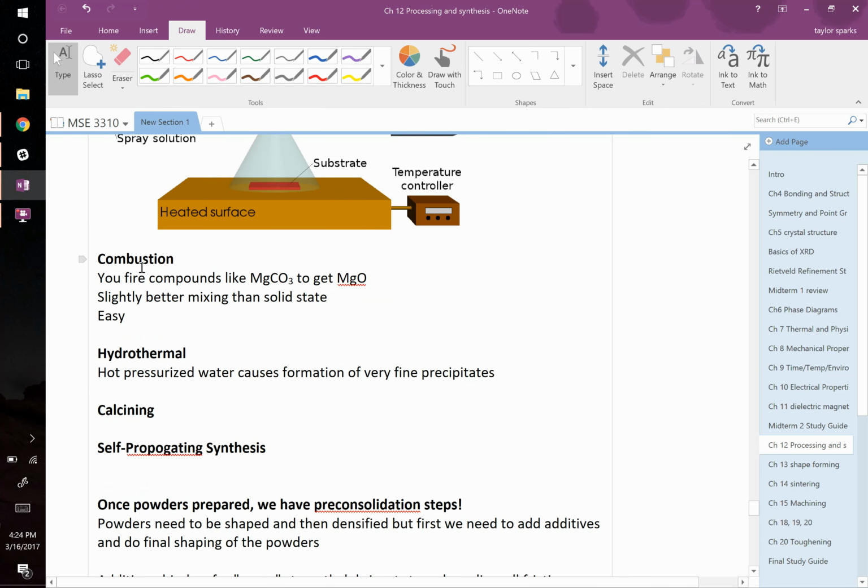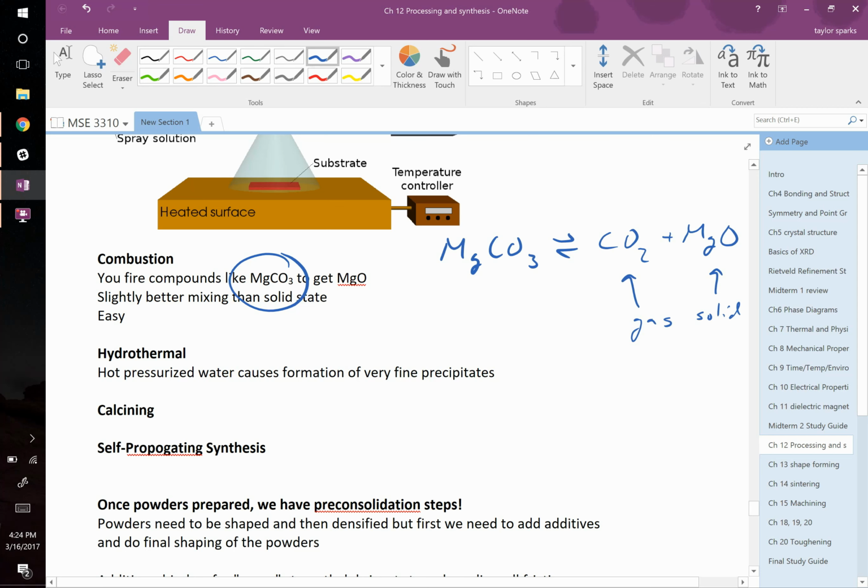There's combustion. Combustion synthesis is when you put in compounds something like MgCO3, and you intentionally know that the CO3 is going to burn off. At high temperatures, you're going to combust the MgCO3 to form CO2 plus MgO, right? So this is going to burn off, but this is going to be a solid, right? And so you're going to be able to get rid of the agent that you're not interested in.